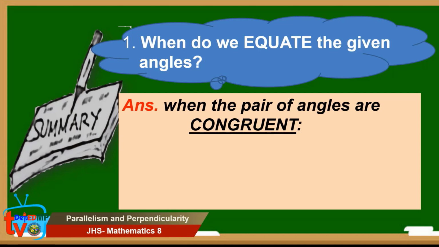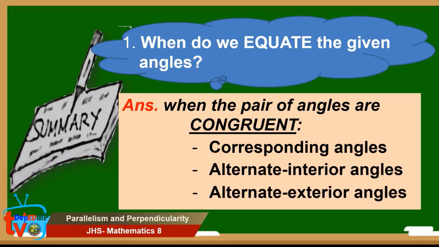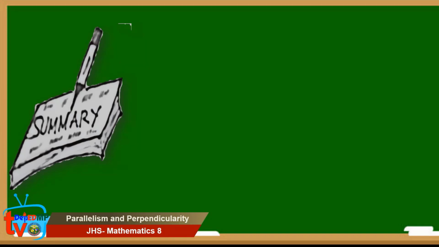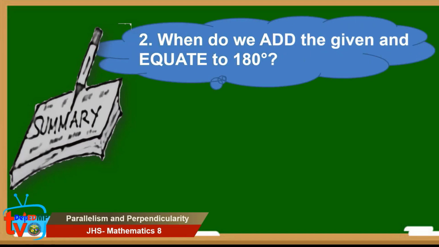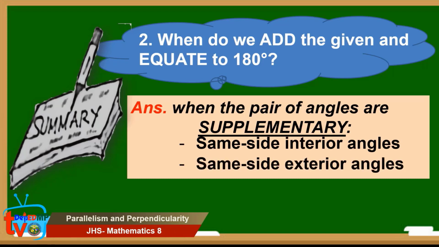We have corresponding angles, alternate interior angles, alternate exterior angles. Next, when do we add the given and equate to 180? We can do this when the pair of angles are supplementary. What are the pairs of angles that are supplementary? We have same side interior angles and same side exterior angles.